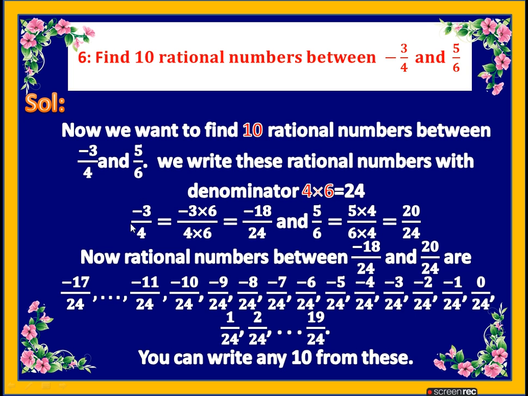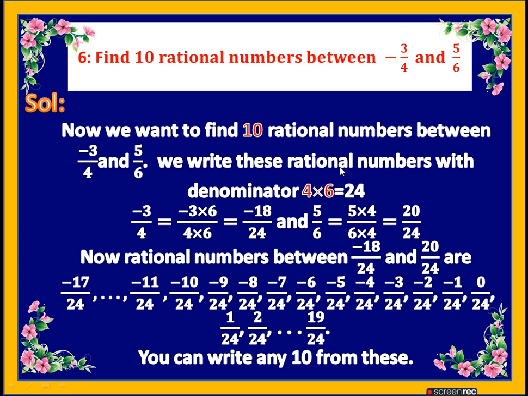So -3 by 4, you can change the denominator to 24. How can we change it? If you multiply the denominator by 6, you get 24. Then you have to multiply the numerator by 6 as well. So -3 by 4 is equal to -3 into 6 by 4 into 6, that is -18 by 24.